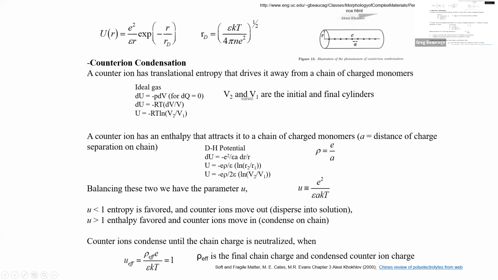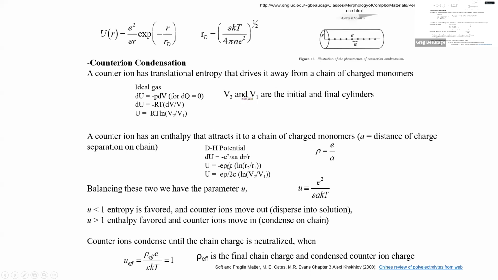And then this term has to do with the attractive potential of the chain, how the charges want to get attracted to the chain. So you're going to use the Debye-Huckel potential equation, and this is the derivative form of it. It's the same as the other equation for the Debye-Huckel thing, except it's a charge squared divided by the charge spacing.